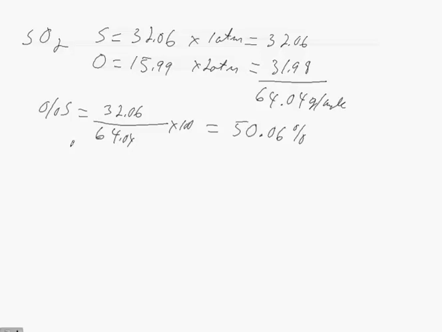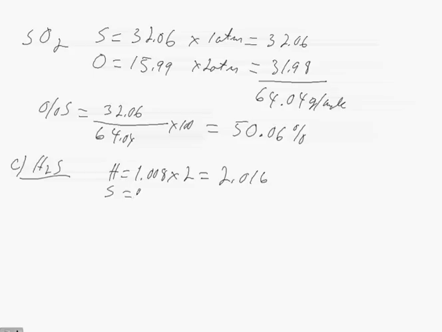Okay, if we look at the next one, which was C, which was H2S. For H2S, we're going to have the same thing. Hydrogen: the molecular weight for hydrogen is 1.008 times 2, which is going to give me 2.016.